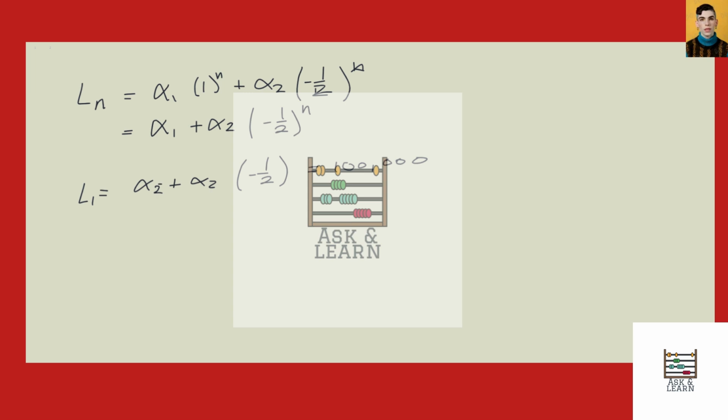So alpha 1 minus a half alpha 2 is equal to 100,000. Then L2, which is equal to alpha 1 plus alpha 2 times minus a half squared, is going to be equal to 300,000.